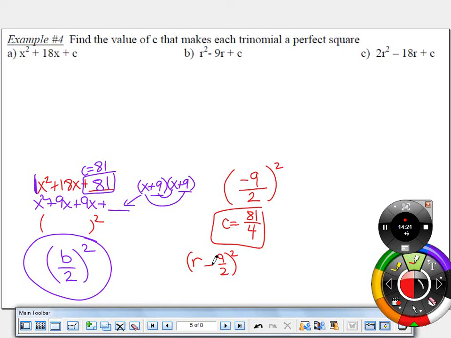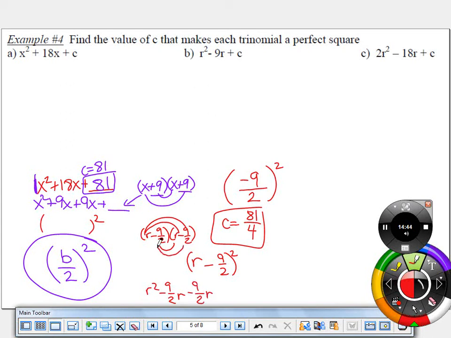And then multiply this out and see what you get. So if I take r minus 9 over 2 times r minus 9 over 2, again, right now I'm just checking, okay? This was the only work to get the answer in this problem. But just for those of you that are a little skeptical, this would give us r squared. This would give us negative 9 over 2r. This would give us another negative 9 over 2r.